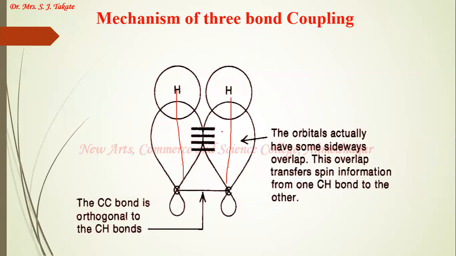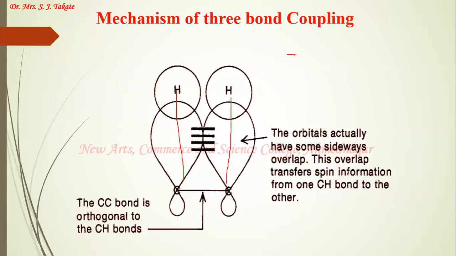But when these bonds have an eclipsed conformation, the bonding orbitals can partially overlap with one another, and during this partial overlap, the electrons can transfer their spin information from one orbital to the other orbital, or we can say from one nucleus to the other nucleus. So this is how the coupling process occurs between the different nuclei.